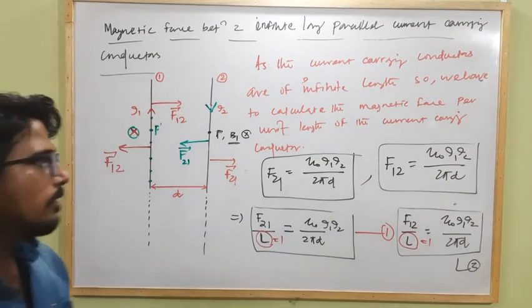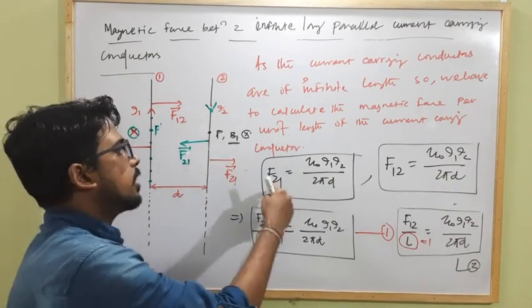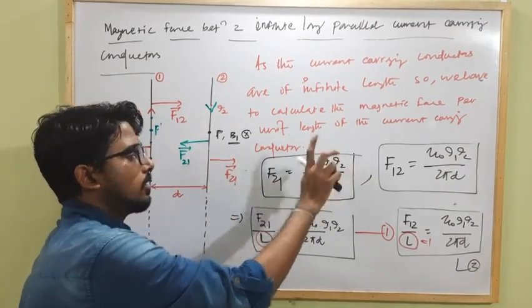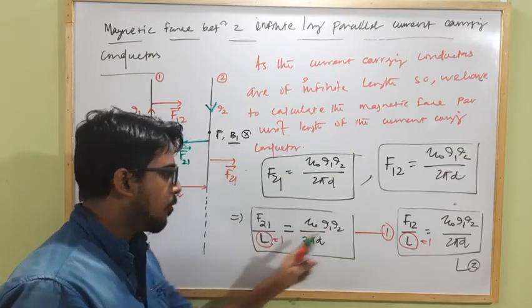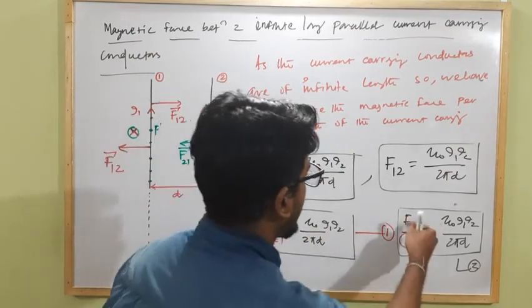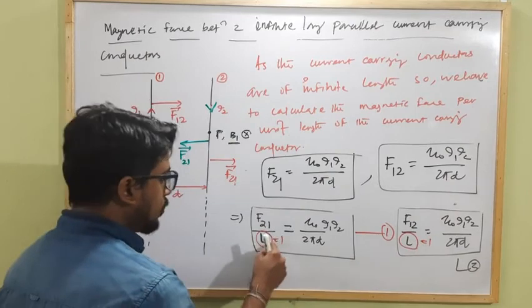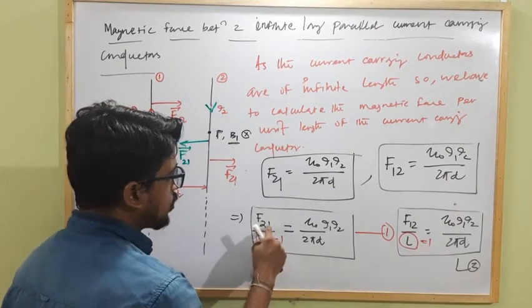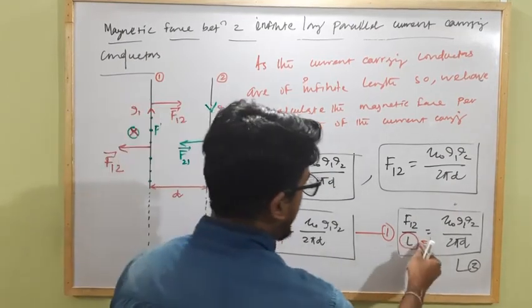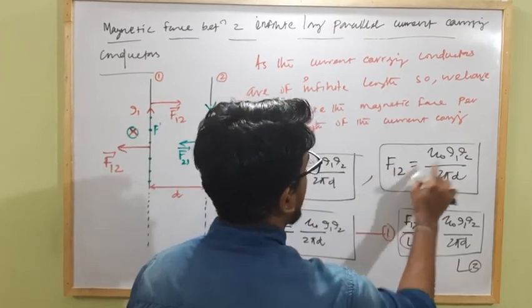Clear? If they are of finite length, we have to multiply the value of length here, as here the length will become 1 because we have to calculate the force per unit length. So if L becomes 1, this will become F21. If here the length becomes 1, this will be F12.